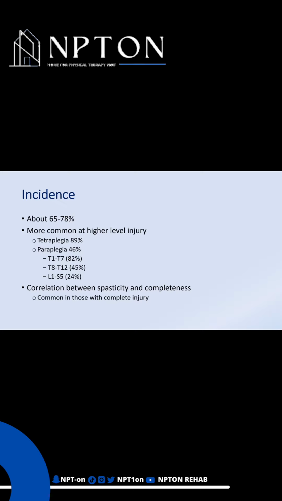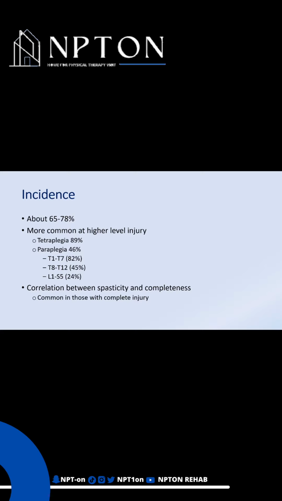And it's reported that 65 to 75% of individuals with SCI will suffer from some degree of spasticity during their life. And it's more common in people with higher level of injury, those with cervical and upper thoracic injury.